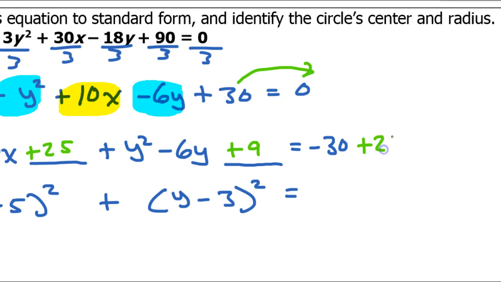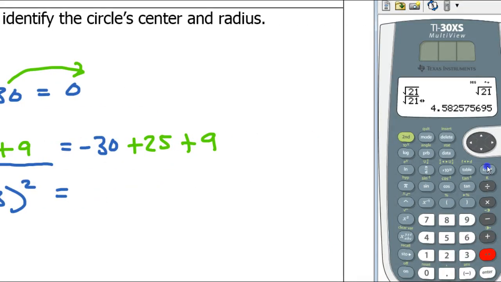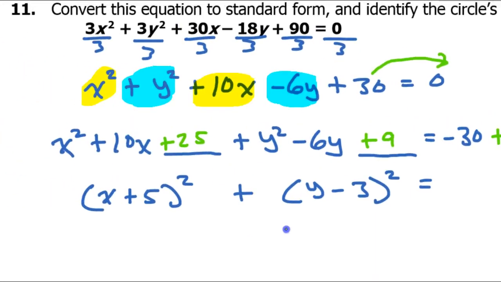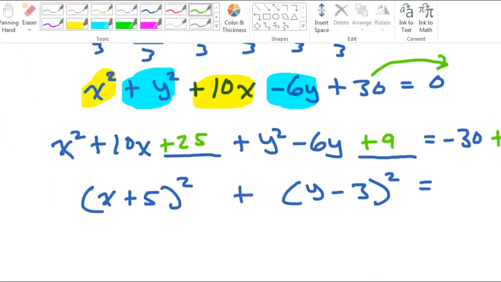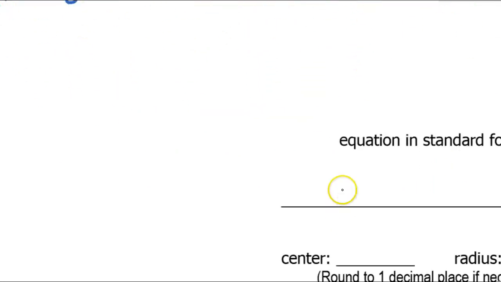So I'm going to have to add 25 and 9 to the right-hand side also. So if I were to do negative 30 plus 25 plus 9, well, that's 4. All right, so at the end of the day, I end up with 4 right here.